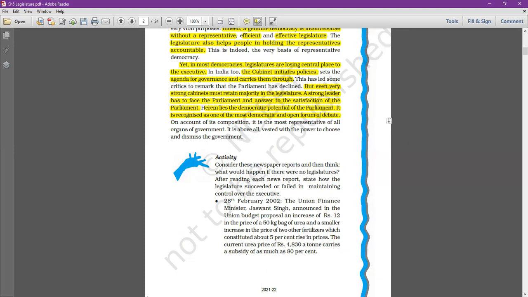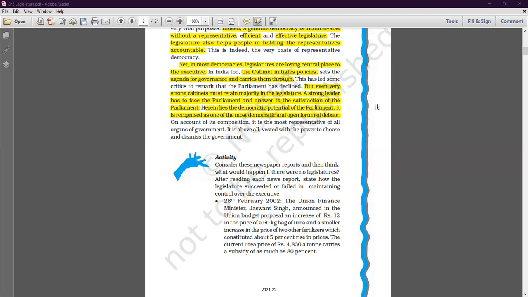And many times if they think that the recommendations or suggestions given by the opposition parties are better, they include those suggestions in the bill. That's how the law which is made later becomes better. So that's how we understand the importance and the power of the parliament.